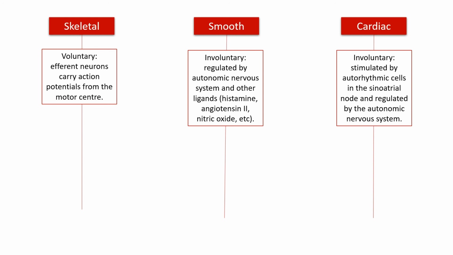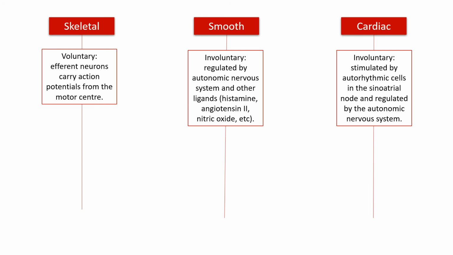Our higher centers in our cortex are regulating it, are stimulating it when we decide that we want to pick up a pen or walk. So skeletal muscles tend to be voluntary. They're controlled by efferent neurons coming out, remember efferent, that carry action potentials from the motor center.